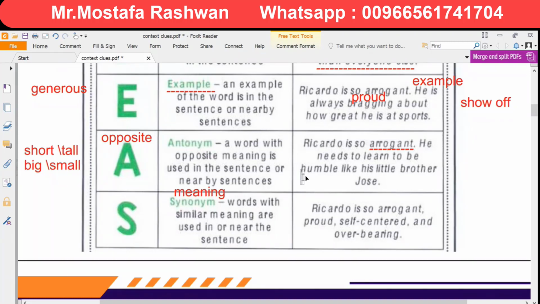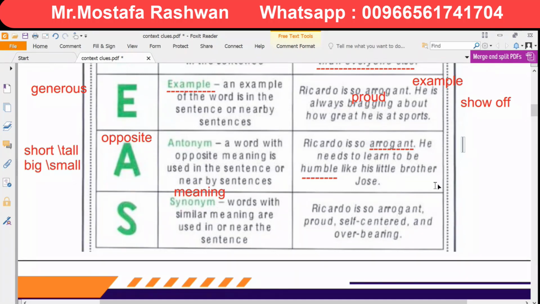Humble is the opposite of arrogant, yes. Here, he used an opposite meaning to the word arrogant. So if I ask what arrogant means, look for the surrounding words. They may give you hints about the meaning of the word. He needs to learn to be humble like his brother Jose.